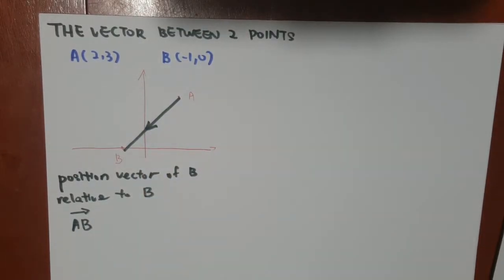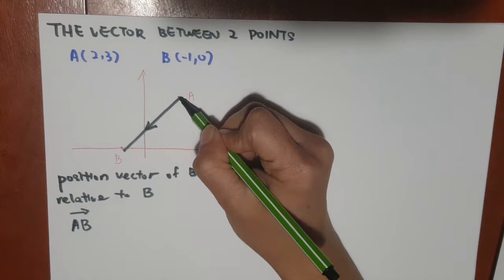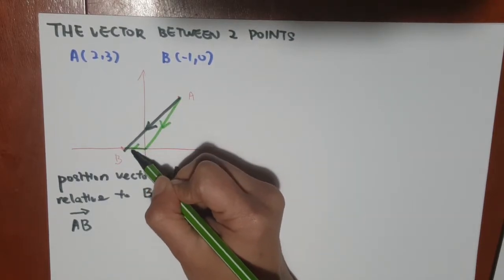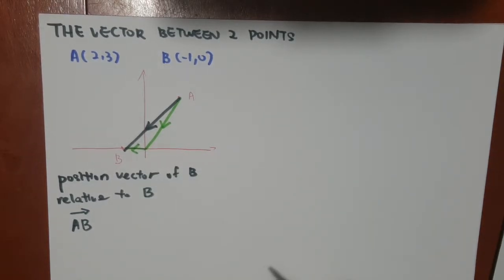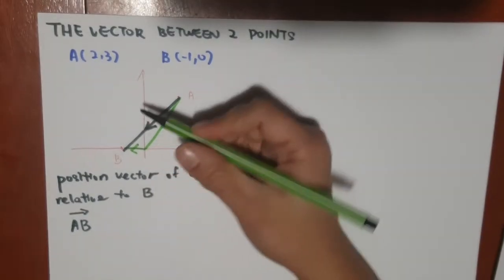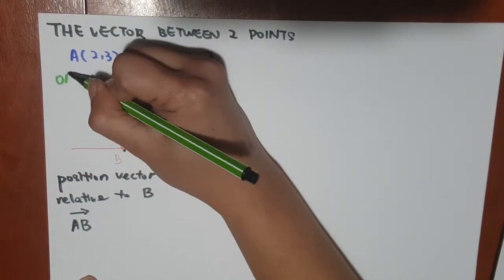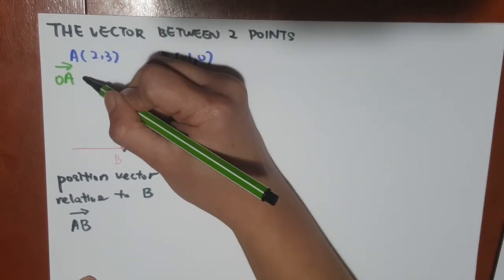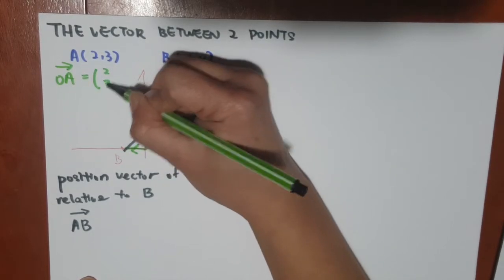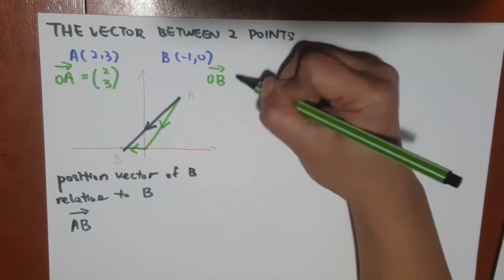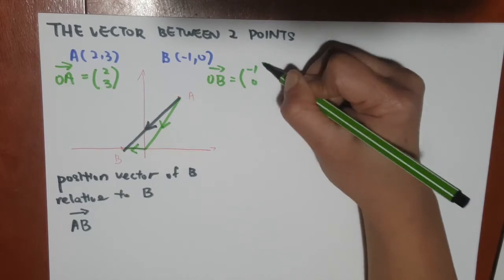We know that in order to get from A to B, we have to go from A to O, your origin, and from O to B. We also learned in the previous chapter that a coordinate of A is actually a vector. It can be changed to a vector OA, which is (2, 3). And B is actually OB, which is (-1, 0).